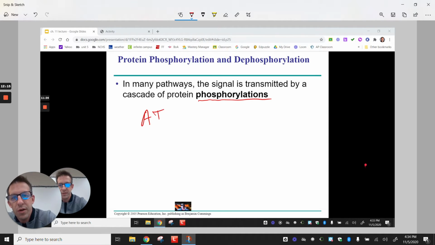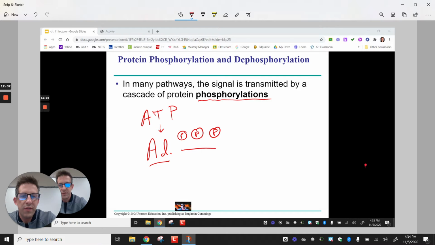ATP, right? We all know what ATP is, adenosine triphosphate, and I'm going to draw it. It's a crummy drawing, but it'll help me get the point across. So ATP stands for adenosine triphosphate.